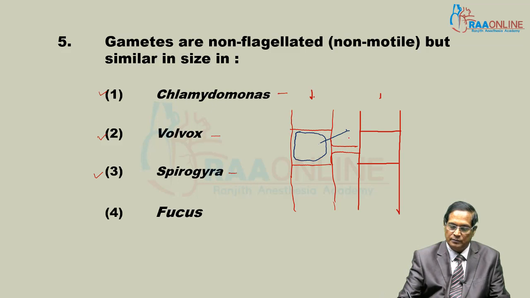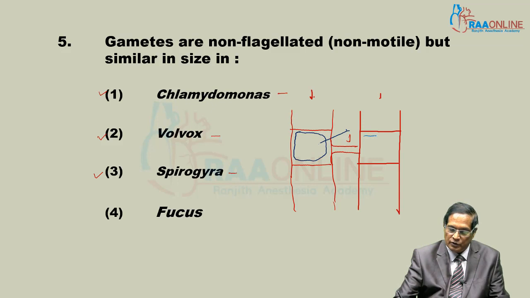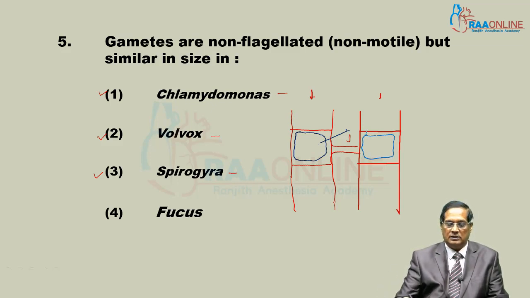This is the conjugation bridge. The other filament also produces gametes, and it is very similar to this filament. That is, in Spirogyra, two different filaments are there. One is the male filament, the other one is the female filament.